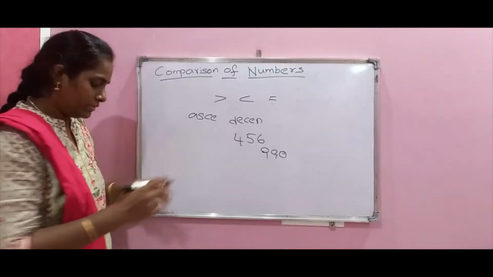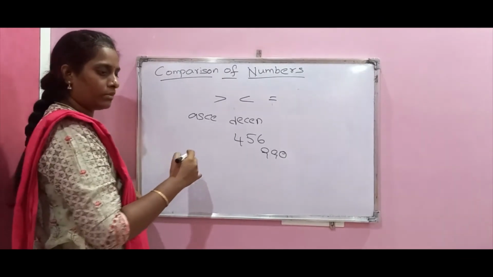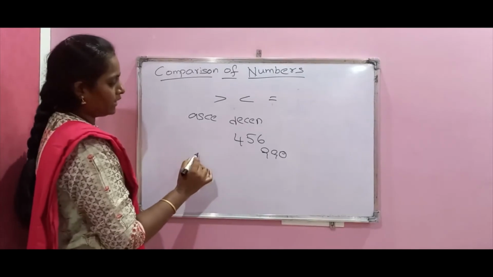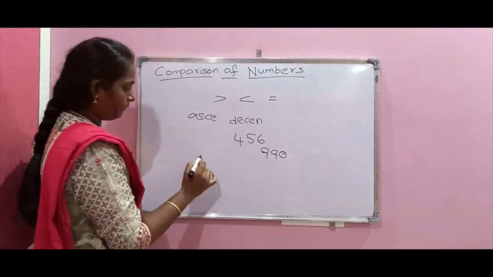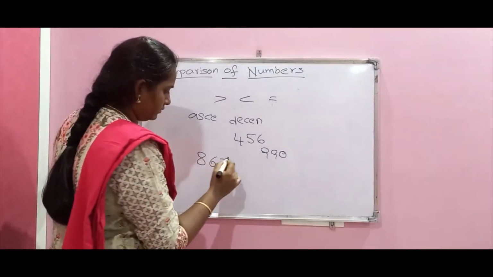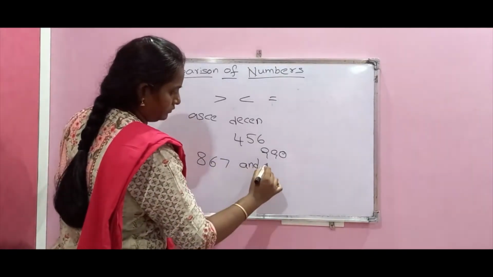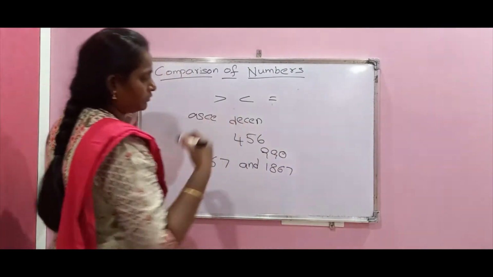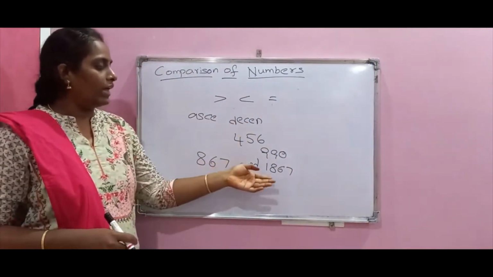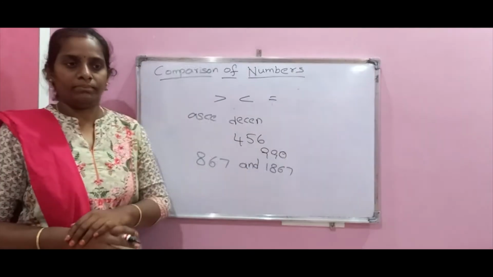Now, numbers. If we compare two numbers, first, 867 and 1867.